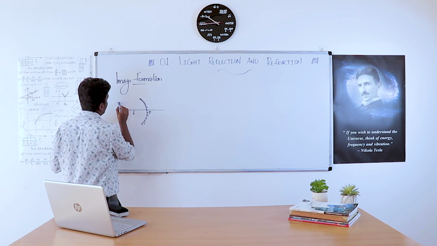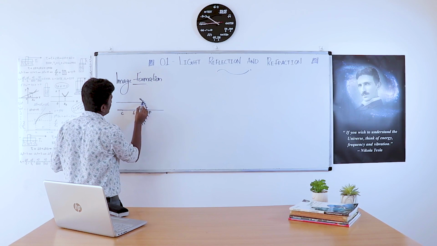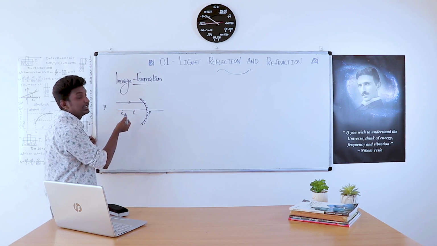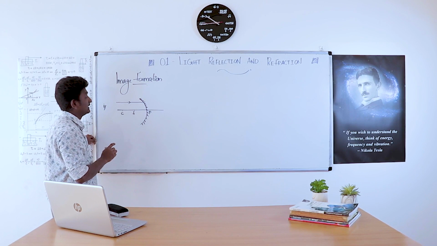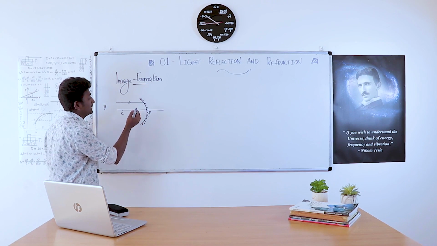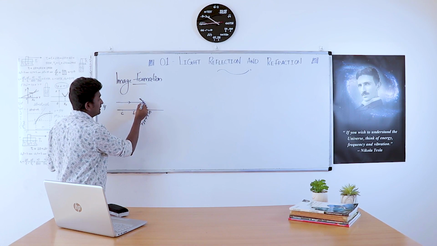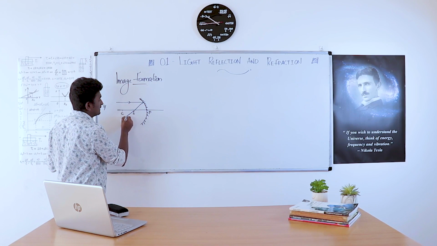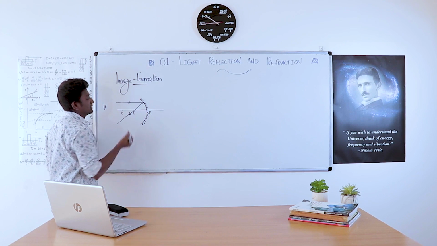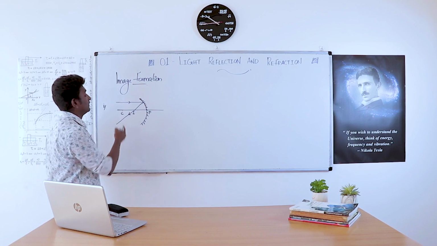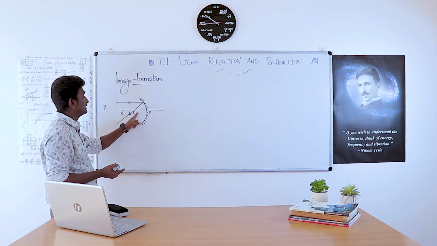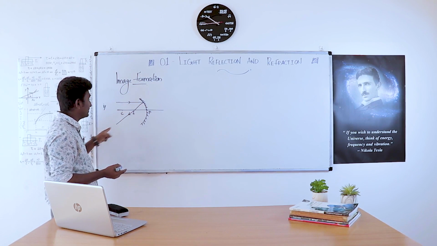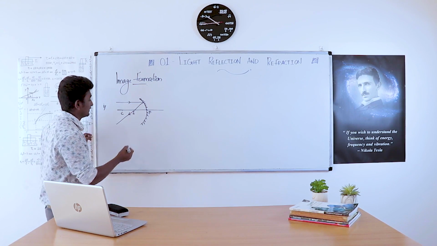So when a ray of light comes parallel to the principal axis, this ray of light, after reflection from the mirror, passes through the focus. The ray of light should pass through like this. This is parallel to the principal axis. After reflection from the mirror, it passes through the focus.